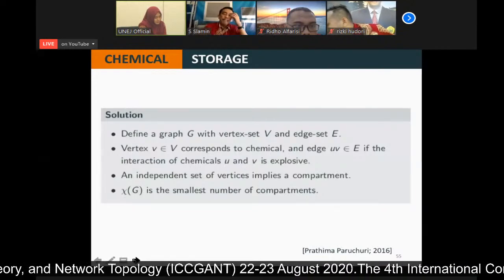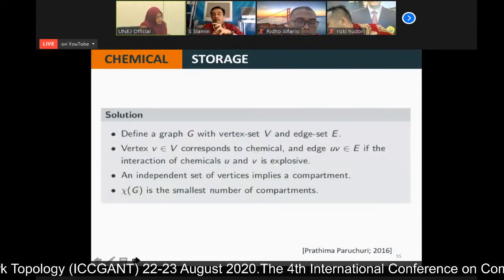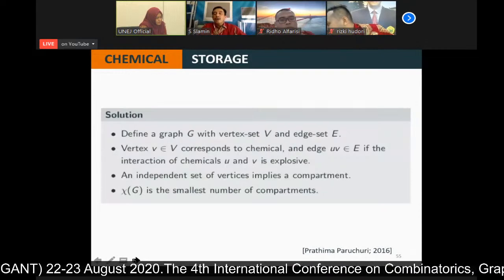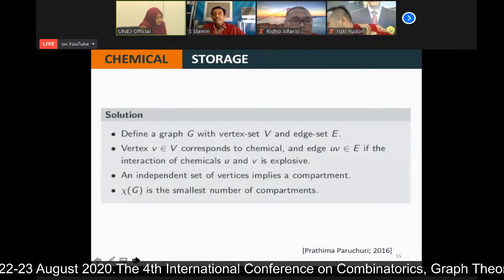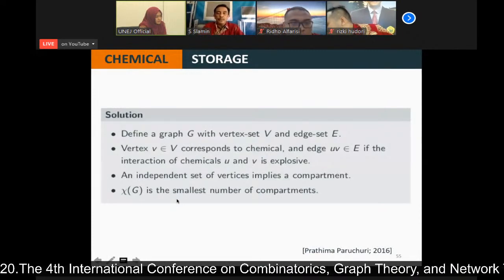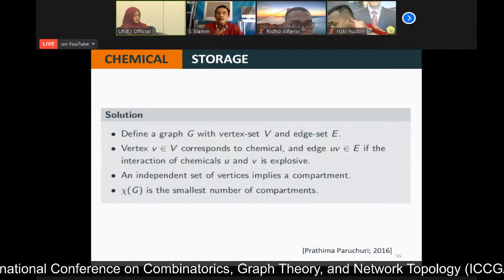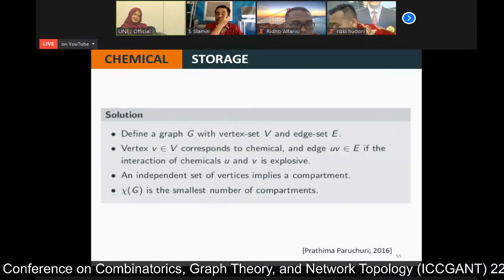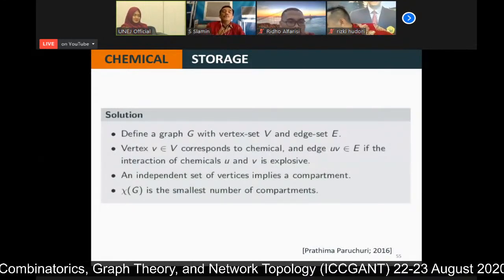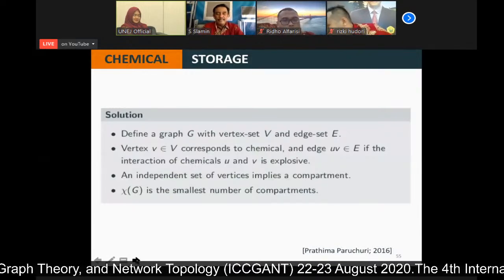So the number of independent sets of vertices implies the number of compartments. The number of compartments is actually the chromatic number, especially the smallest number, related to the smallest number of colors used in vertex coloring.